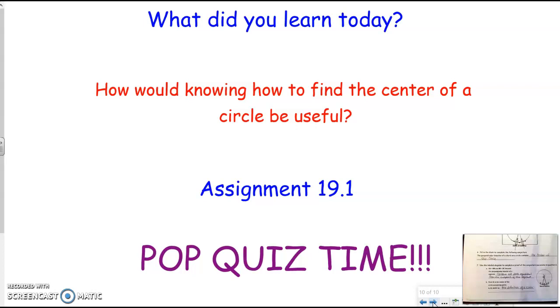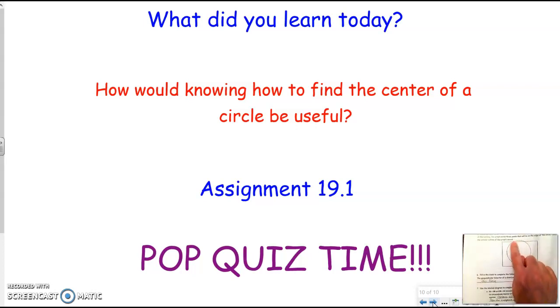This just says, how would knowing how to find the center be useful? We can think of all different cases, but say you were trying to figure out where to place a stake so that your dog had plenty of room to run. Like here, if I put the stake here, it's not going to have room.